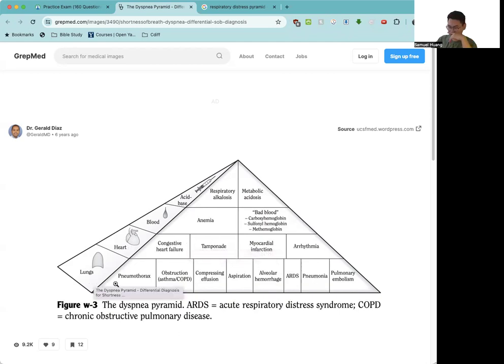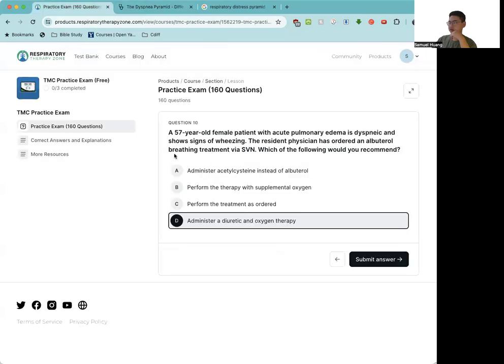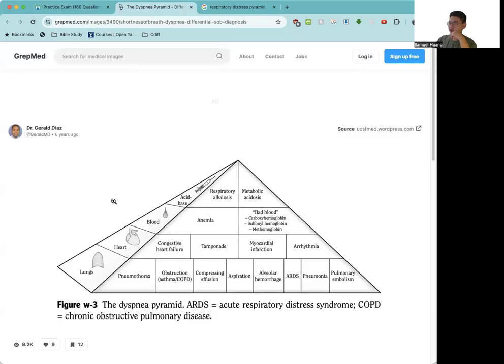If it's coming from the lungs, then yeah, if it's COPD and asthma, then giving the albuterol, as in this case, would help. If it's coming from a pneumothorax, it's not going to help. You're going to want to do that chest tube, as we saw in the previous question. If it's from a heart attack, you want to give oxygen and then start ACS, like do a CAT, start heparin drip, start aspirin Plavix.